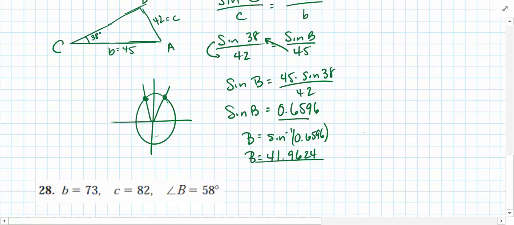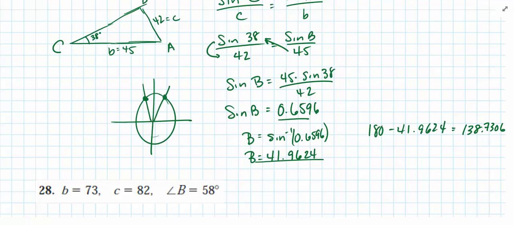And the other could be the supplement of that. So 180 minus 41.9624 equals 138.7306. And if I'm not mistaken, that 138.7306 plus the 38 that we know to be true initially is still under 180 degrees.